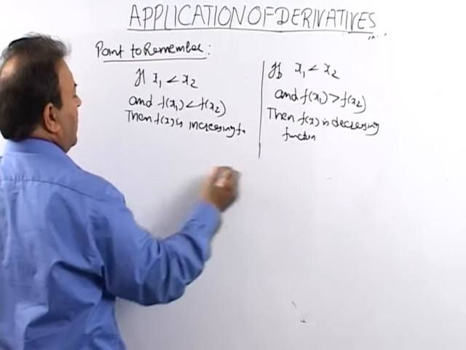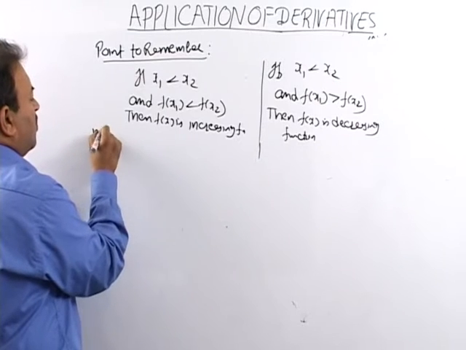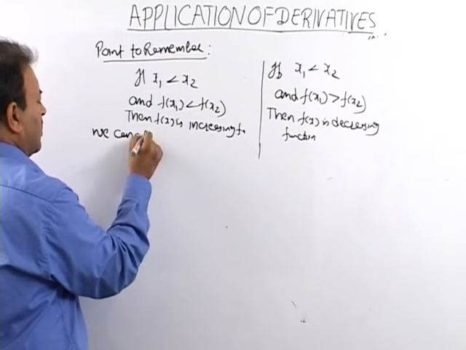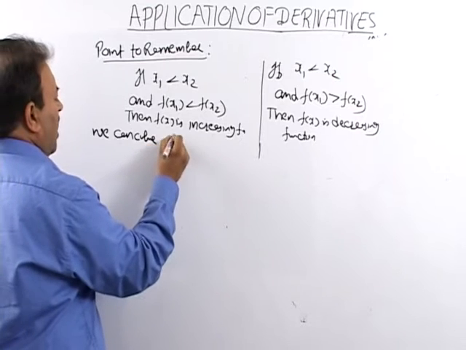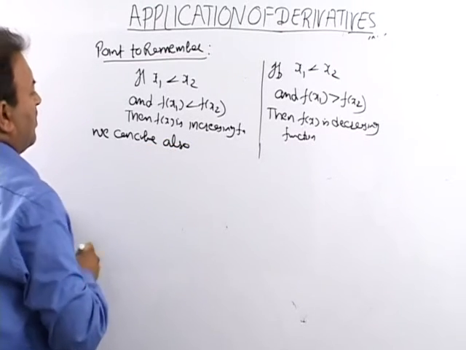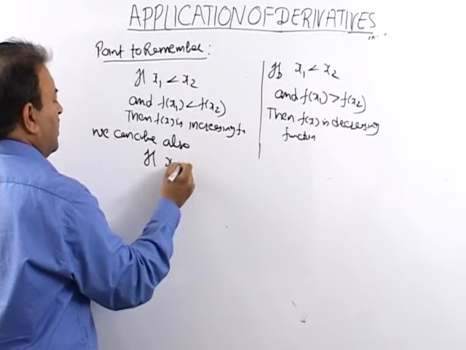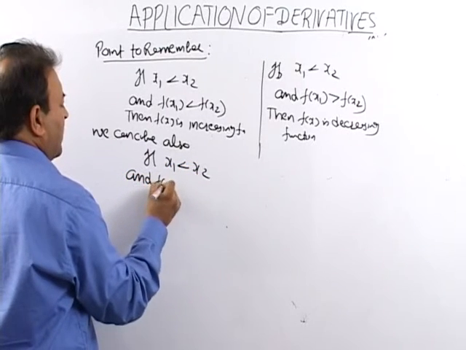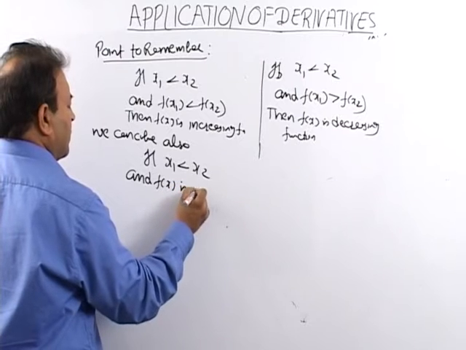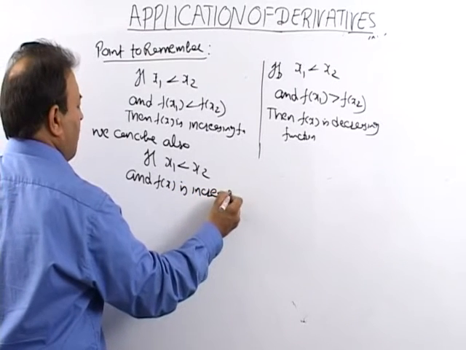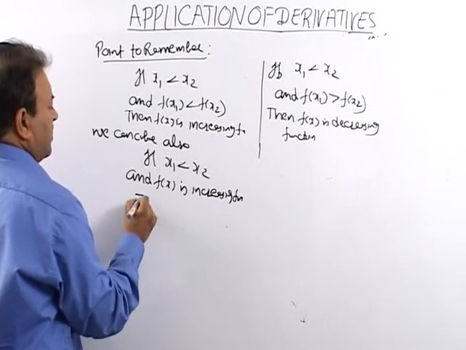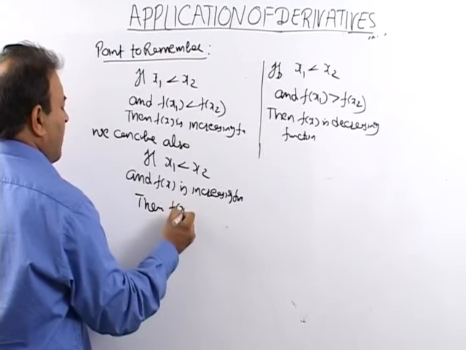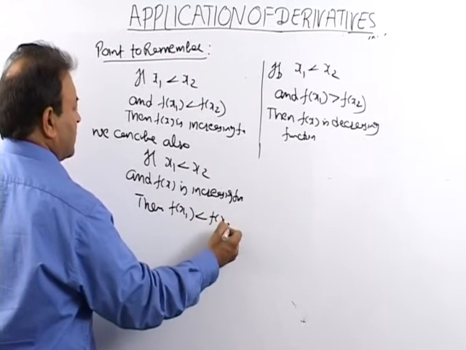Now from here we conclude also: if x1 is less than x2 and fx is increasing function, then f of x1 is less than f of x2.